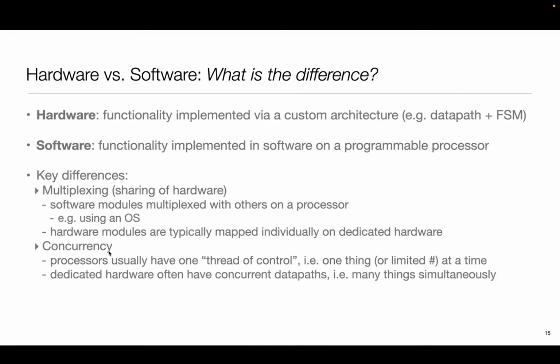Like the M1 processor on my machine, I think, has 8 processors in it, so it can do 8 instructions in parallel effectively. But if I'm designing my own thing on an FPGA, I can do many tens or hundreds or thousands of things in parallel. So I get to control concurrency in hardware, whereas with software that I write on top of a processor, I am limited to whatever concurrency the processor is exposing to me. Usually it's just one. You write sequential code.